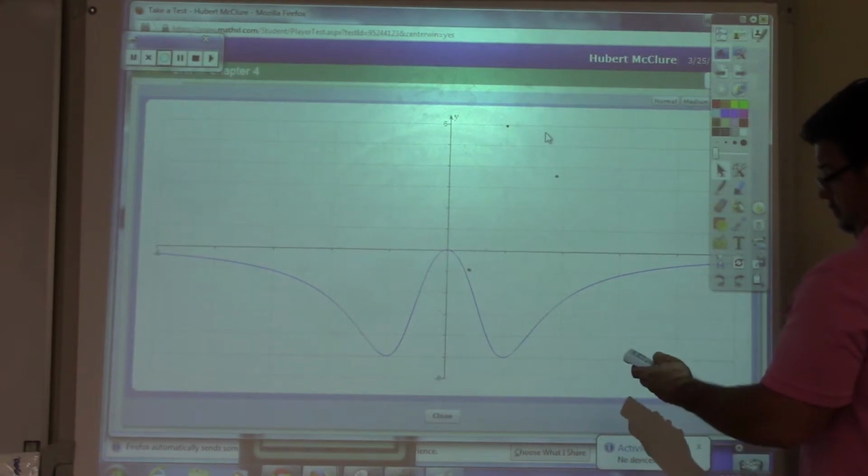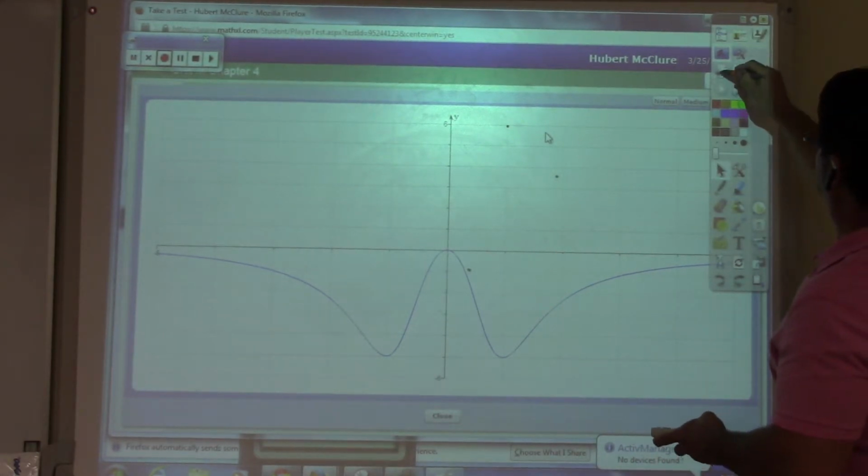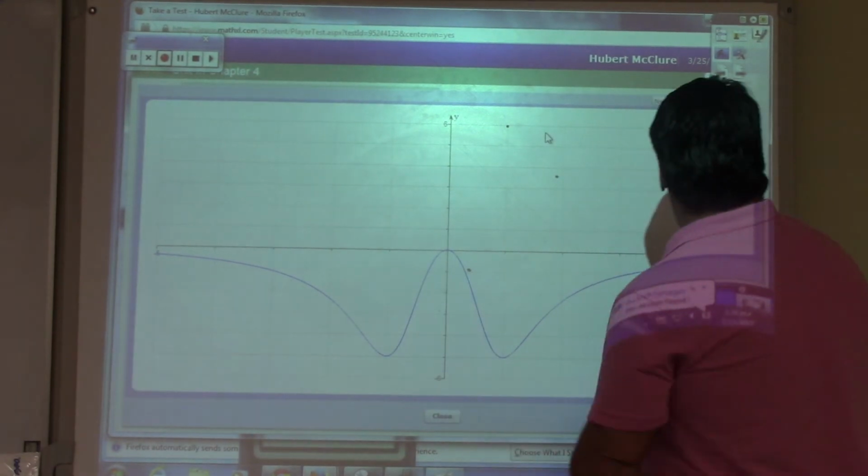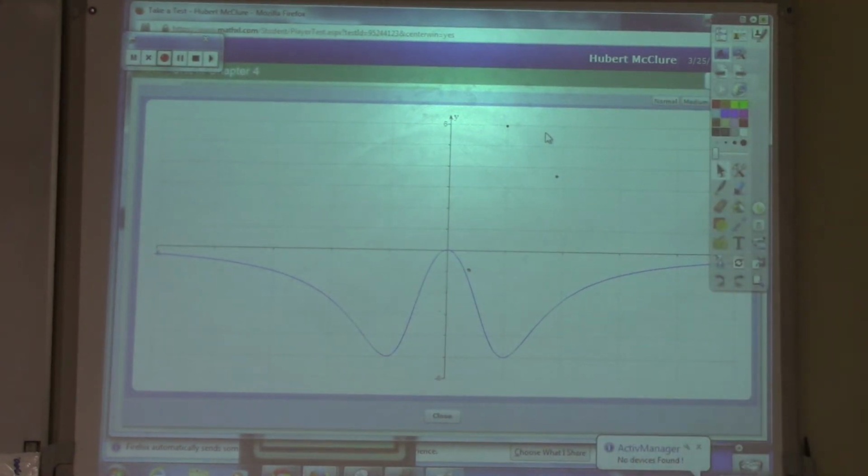Hit the close. Did I hit freeze? Maybe just backing up. In the calculator, hold on a minute, let me do one thing at a time. There. Well, we said the domain is all reals, negative infinity to positive infinity, I'm not worried about that. The range for this one would be 0 to positive infinity.